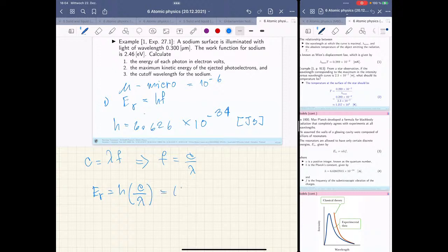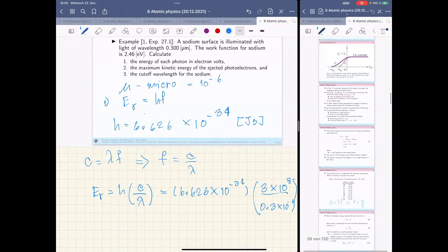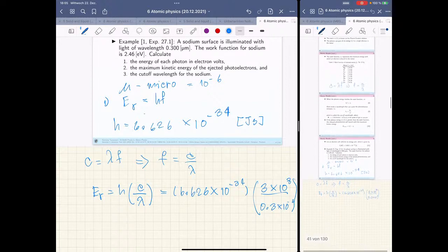h is 6.626 times 10 to negative 34, and c is 3 times 10 to 8 divided by lambda. Lambda is 0.3, and micro is 10 to negative 6. You can put it into the calculator and you will get the result.